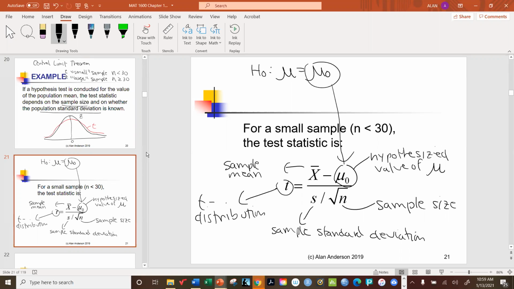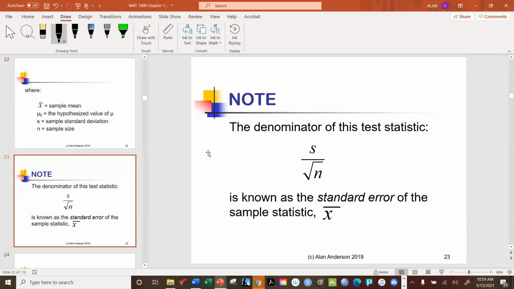All right, now, what about the other cases? Well, as I said earlier, if the sample is sufficiently large, the normal practice is to use the standard normal distribution. So the actual form of this test statistic will not change. Let me show you what I mean.